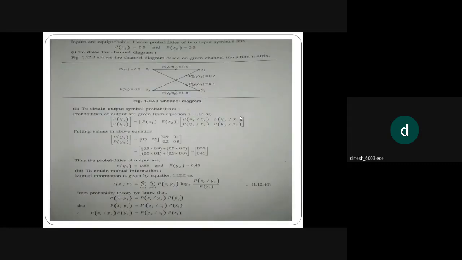Then they had said that inputs are equiprobable. Equiprobable means they are equally placed, or the probability of occurrence of each of the symbols is equal.